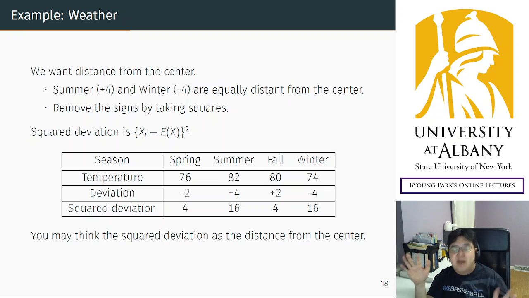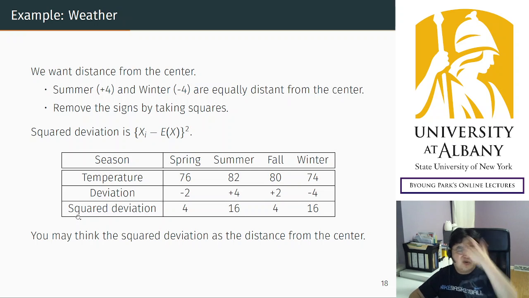Now it's always positive. The squared deviation equals 0 only when the observation equals the mean, that is, when the deviation is 0. And the greater the deviation, the greater the squared deviation is. So it's natural to think of it as a distance.